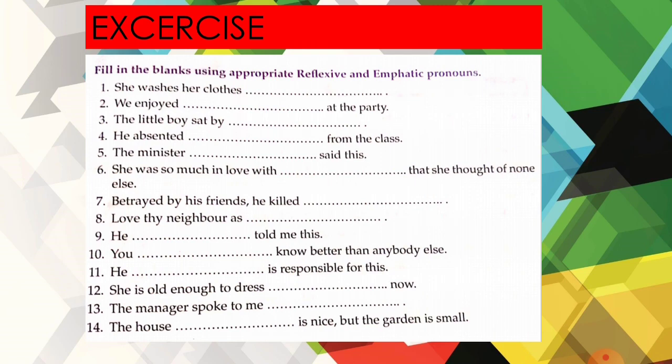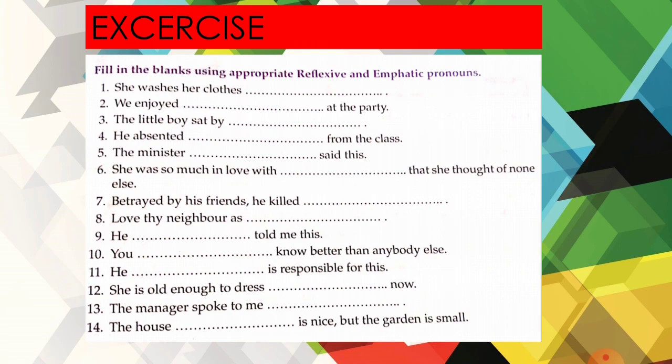Now an exercise has been given in our book. Let us see this. She washes her clothes herself. We enjoyed ourselves. The little boy sat by himself because he is a boy, himself. He absented himself from the class.